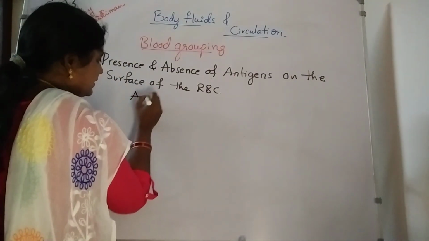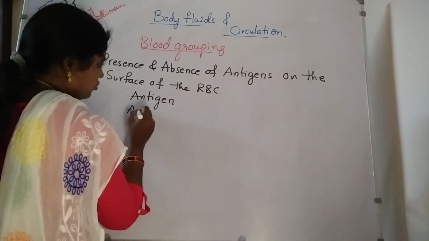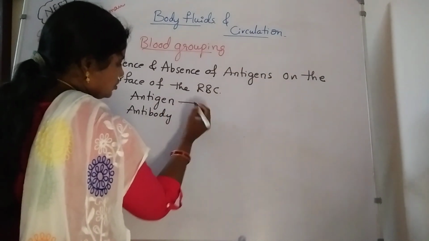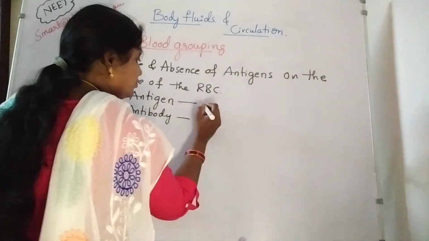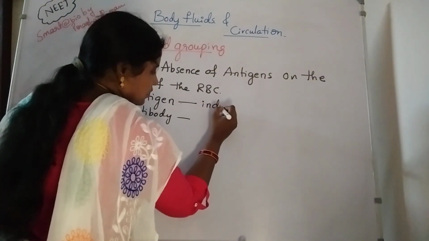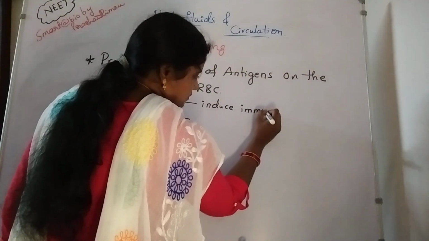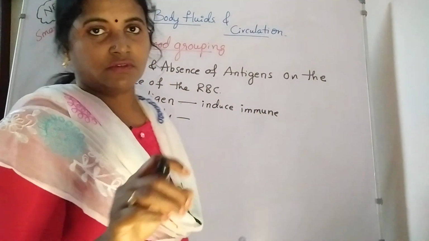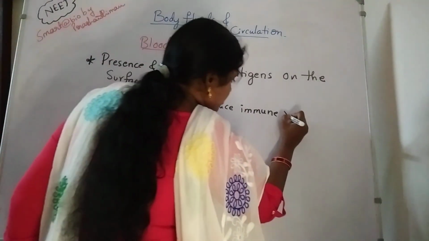One is, what is antigen? Antigen and anti-what? Antibody. So here antigen does not induce the immune response. It inhibits the immune response, means it is not promoting the immune response.